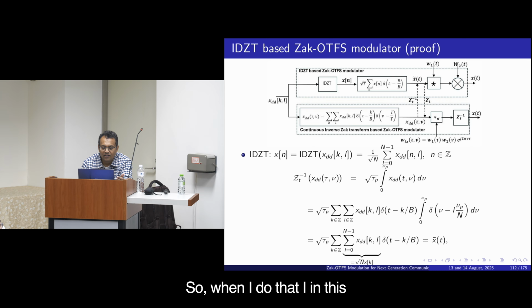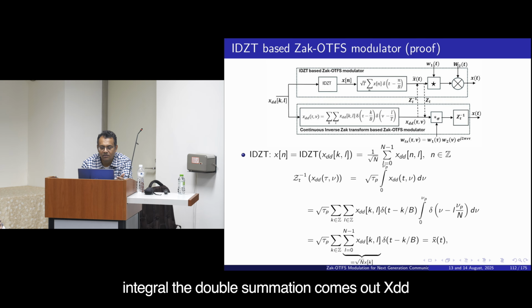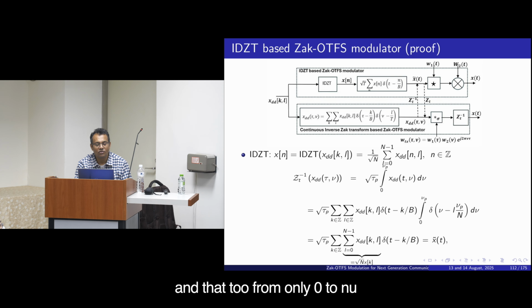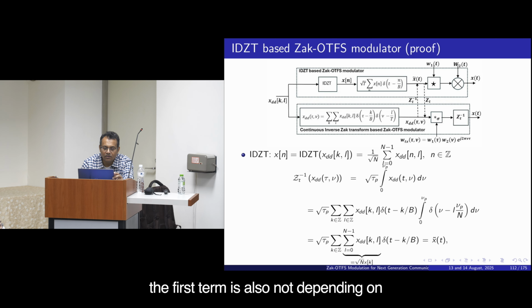When I do that, in this integral the double summation comes out, x dd k l comes out, because remember this integral is only over the Doppler axis, and that too only from 0 to nu p, over one period. The first term is also not depending on nu, it is only depending on t.